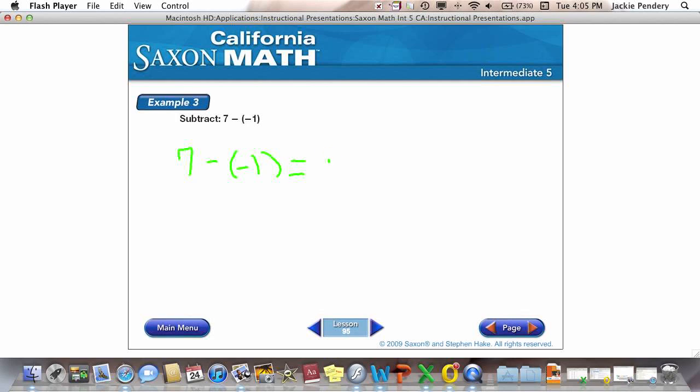So this problem turns into 7 plus 1, which equals 8. So subtracting a negative, two negatives together, turns into a positive. We are subtracting the negative. Okay, example 4.